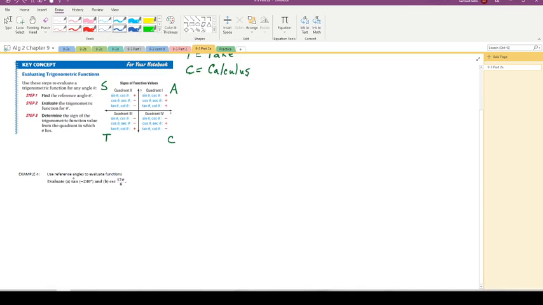Well, the first thing we want to do is draw out our angle. We're going to do A right here. So let's draw out the angle like that.